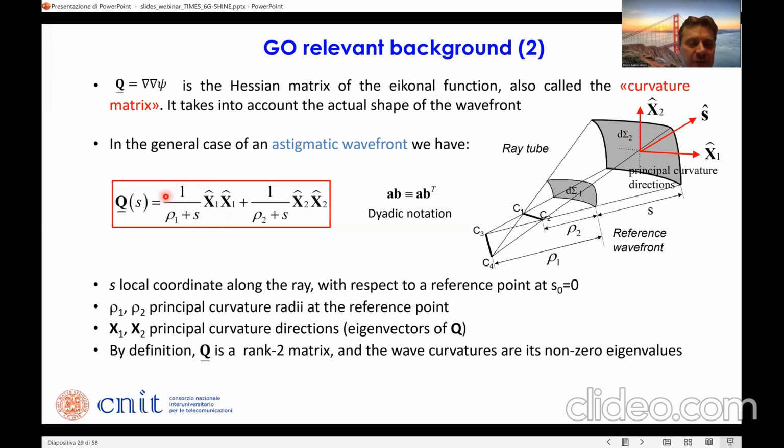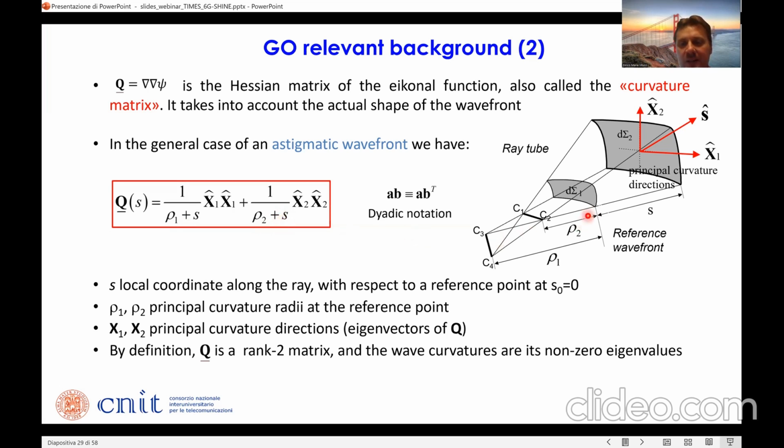So the eigenvalues of this matrix are the reciprocals of the curvature radii ρ1 and ρ2 plus s, which is the local coordinate along the ray.